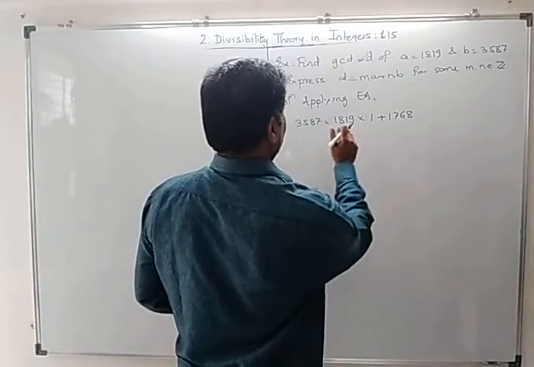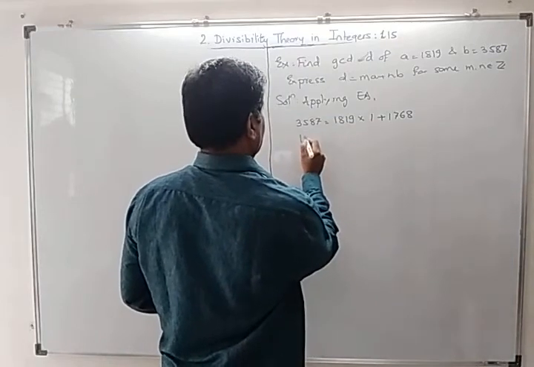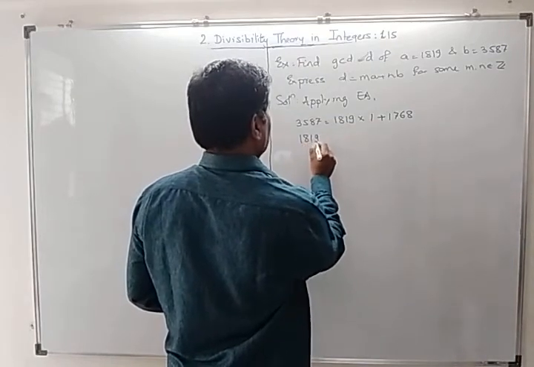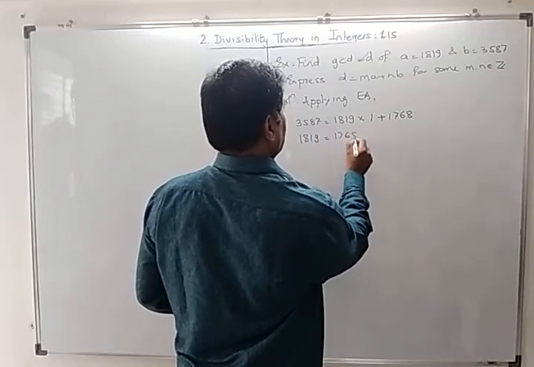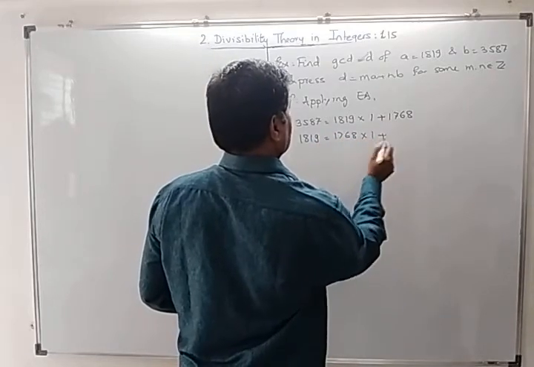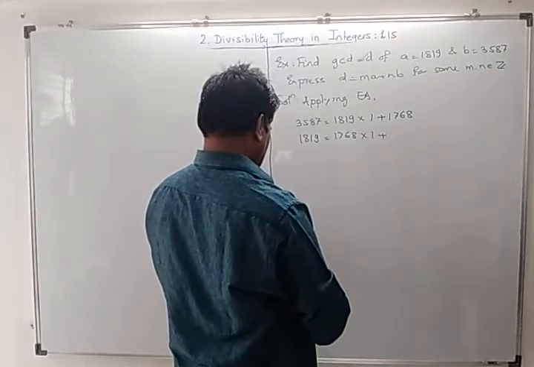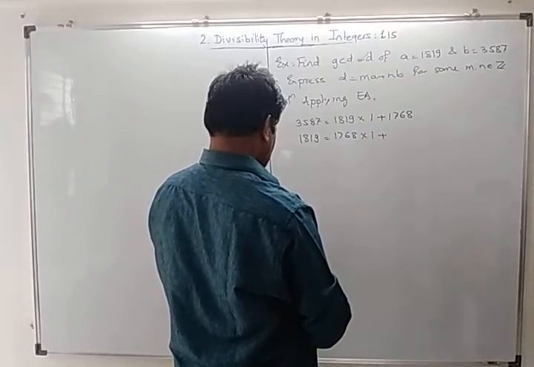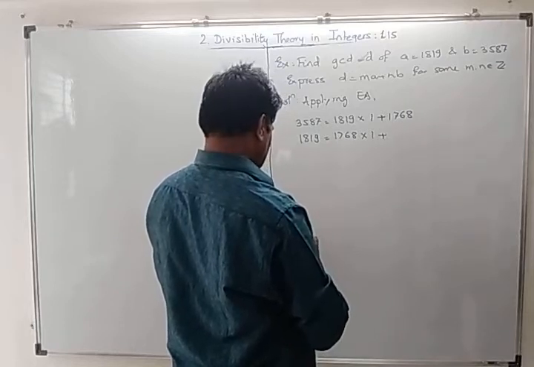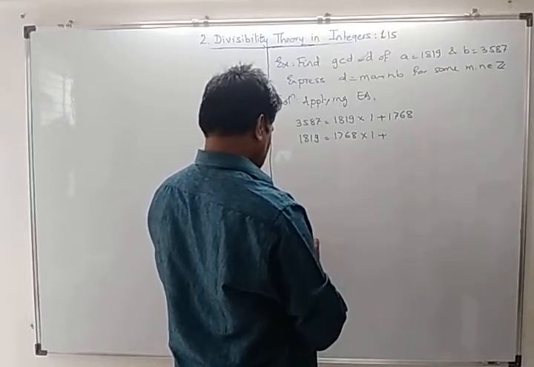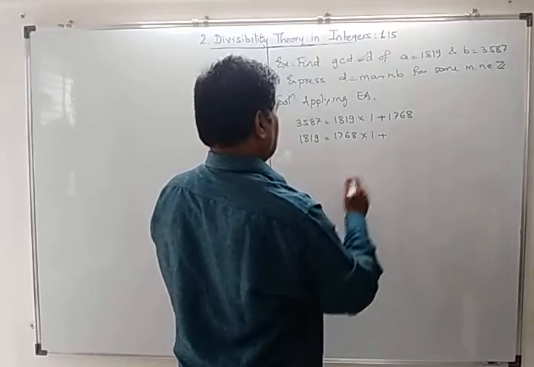Then we'll divide 1819 by this remainder 1768, again into 1 plus. Now what is the remainder? 1819 minus 1768 is 51.